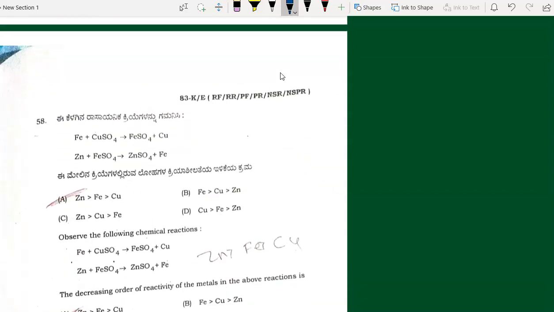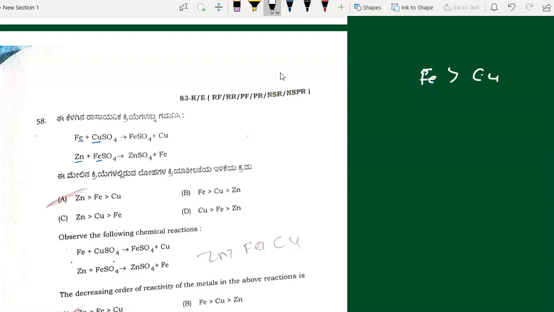Next question. Here Fe is displacing copper and Zn is displacing iron. We know that a highly reactive element displaces a less reactive element. So Fe displacing copper means Fe is more reactive and copper is less reactive.